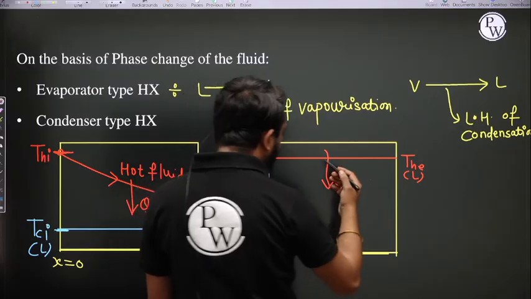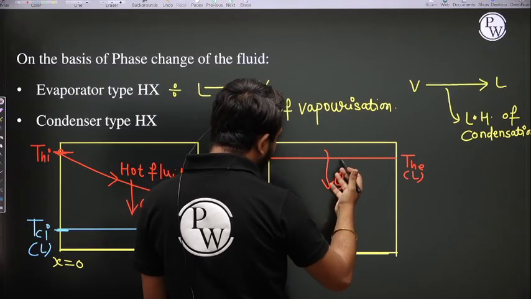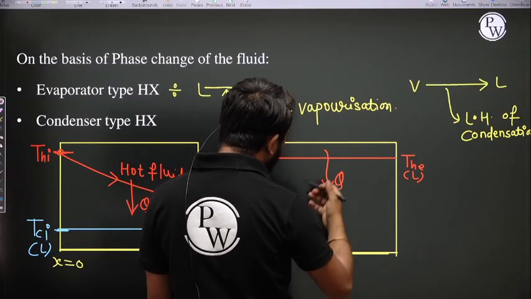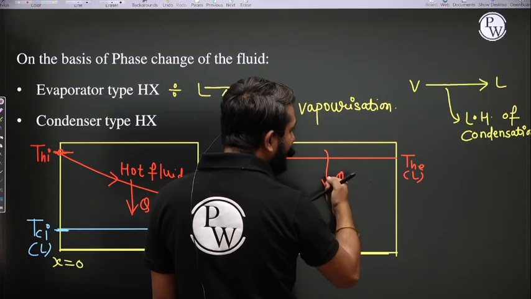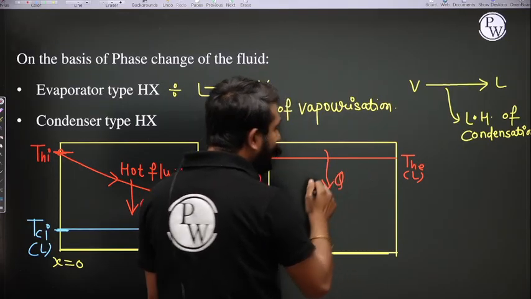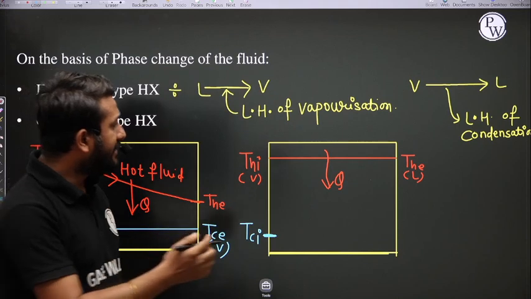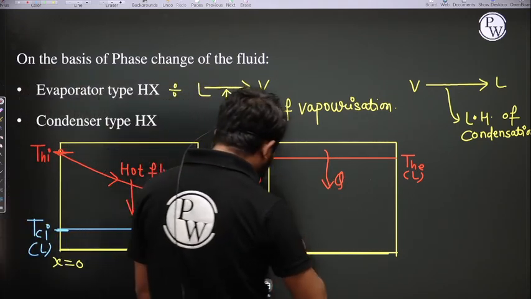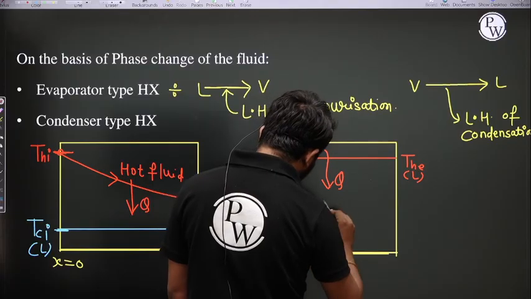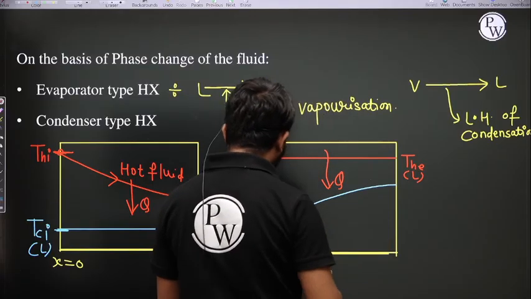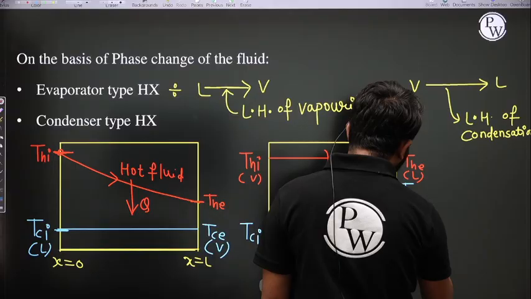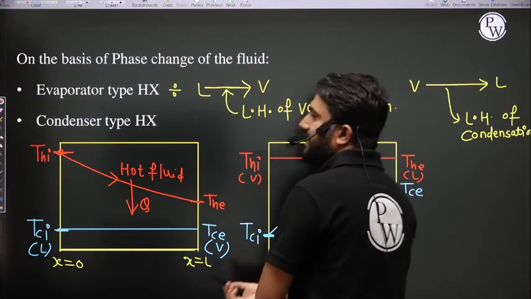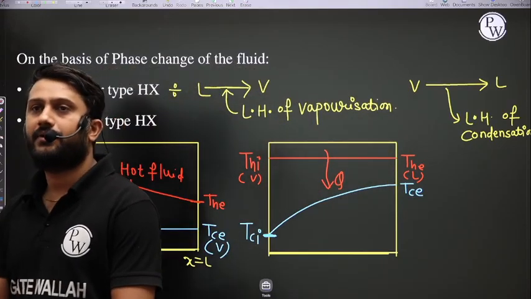That cold fluid takes the energy, the latent heat of condensation, and it is heated like this. So this is the exit temperature of the cold fluid.